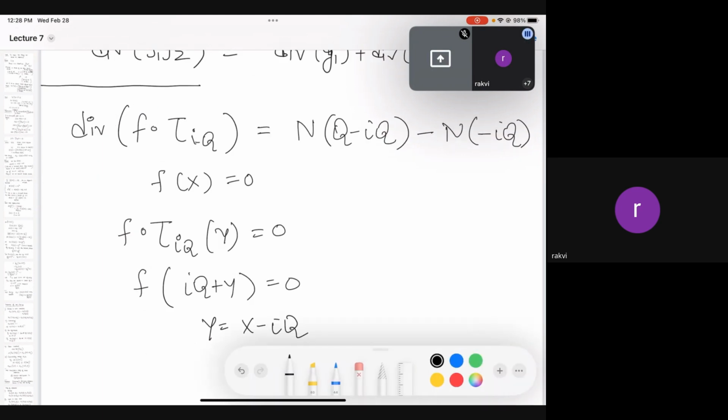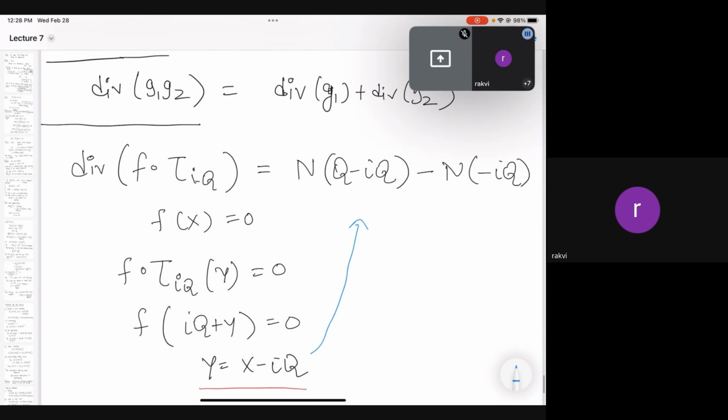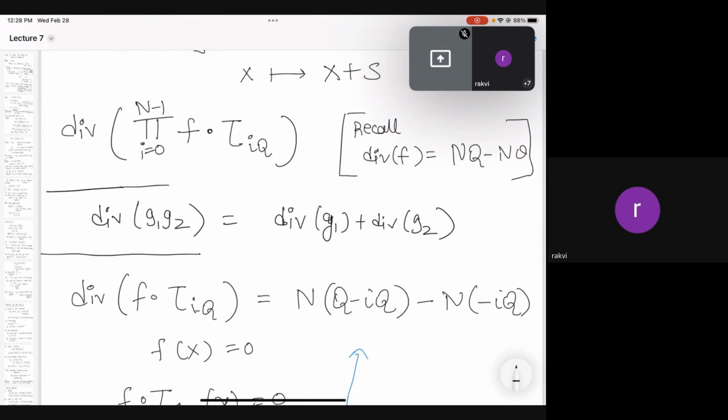So I'm just using this sort of information here. So I scale it up, or rather down. I'm subtracting, so I'm translating it by something. Okay, so this is the divisor of one function, but I'm taking the product, so I'll have to add the divisors.